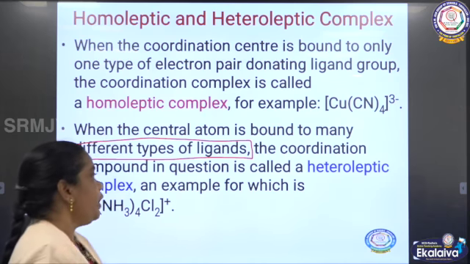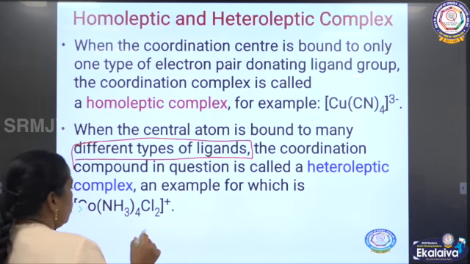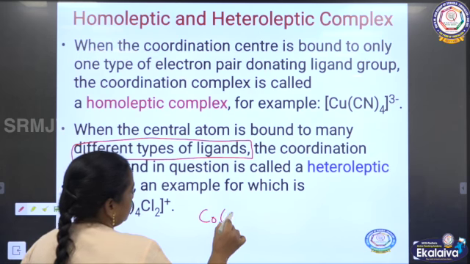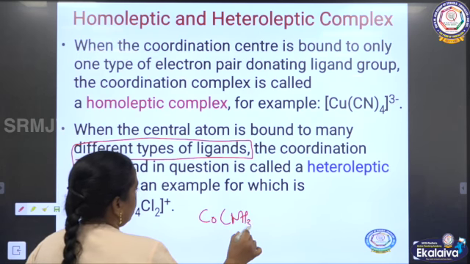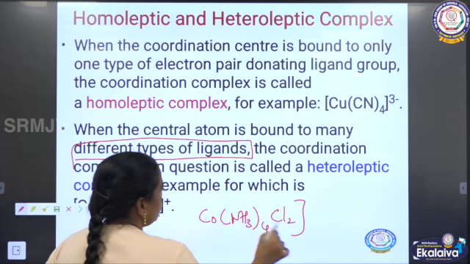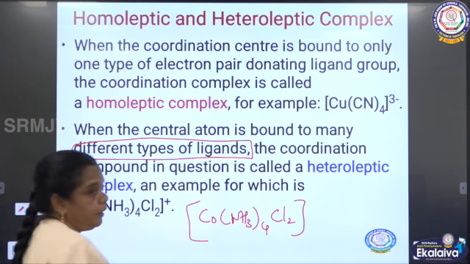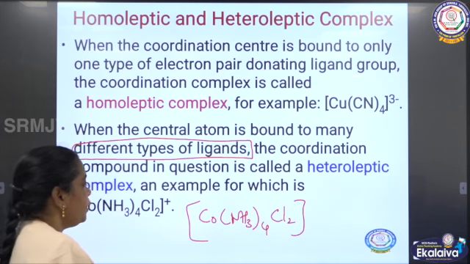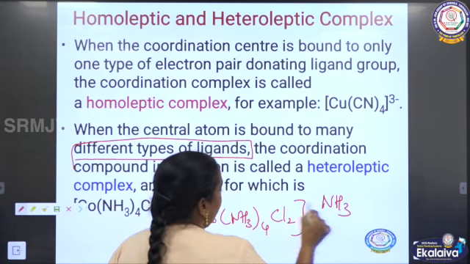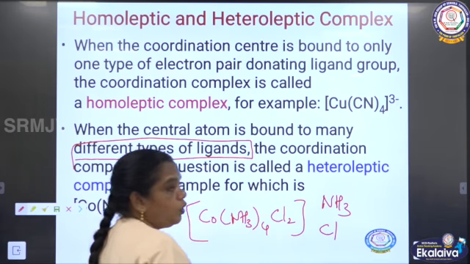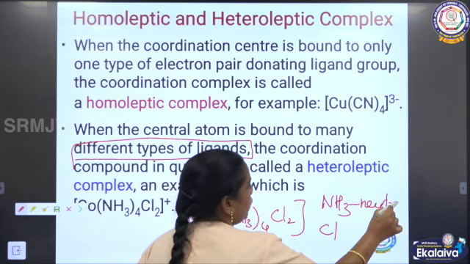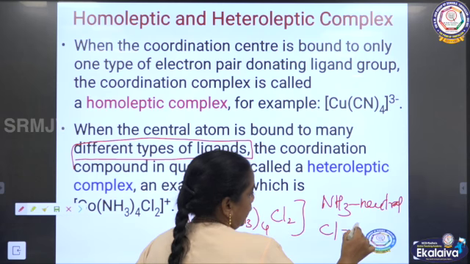Here the hetero, different. So, in this complex, cobalt tetraamine dichloro cobalt 3, there are two types of ligand, amine as well as chloro. This one is a neutral ligand, and this one is a negative ligand.